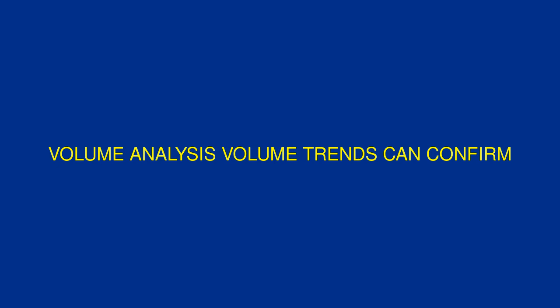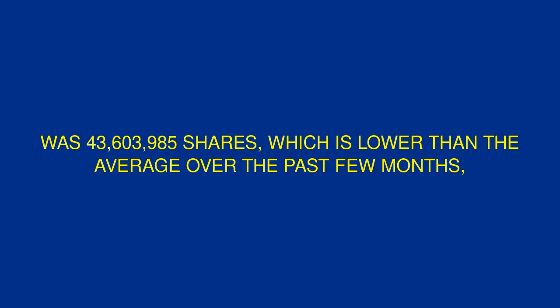Volume analysis. Volume trends can confirm the strength of price movements. Volume and on-balance volume, OBV. The volume on June 4, 2025, was 43,603,985 shares, which is lower than the average over the past few months, e.g., 78,432,918 on May 23, 2025.